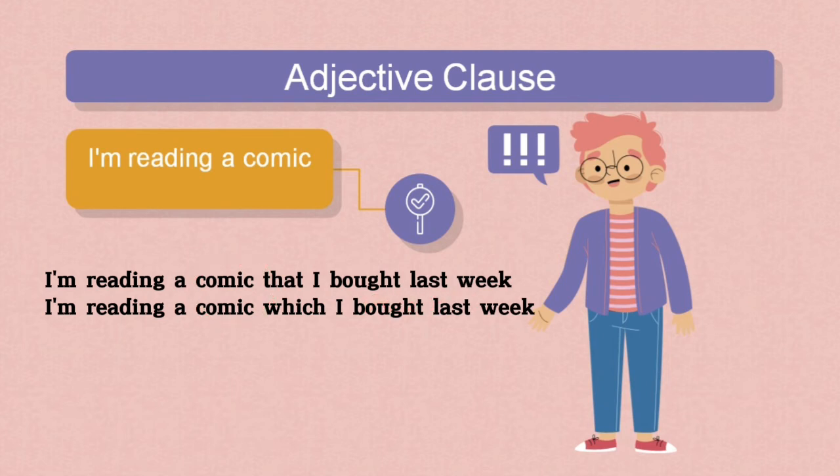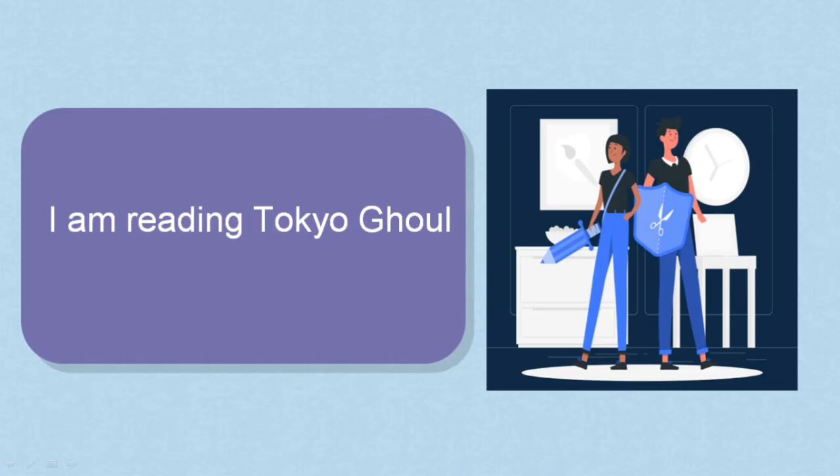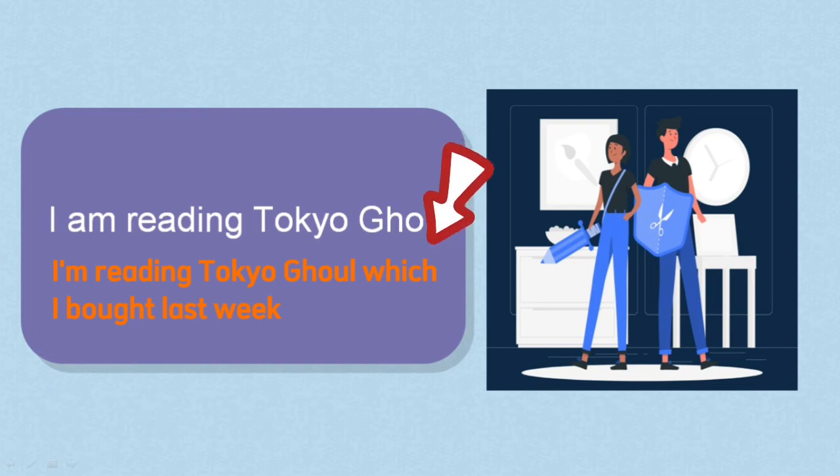In these sentences, we can use connectors either that or which because we do not mention the name or title of the comic. Let's add some descriptions about the comic Tokyo Ghoul in this simple sentence. And we use the connector which to describe the name of the comic, which is Tokyo Ghoul.